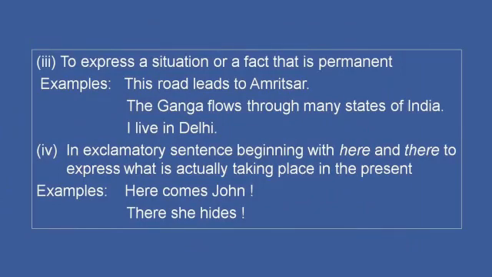It is used to express a situation or a fact that is permanent. For example, this road leads to Amritsar. The Ganga flows through many states of India. I live in Delhi.